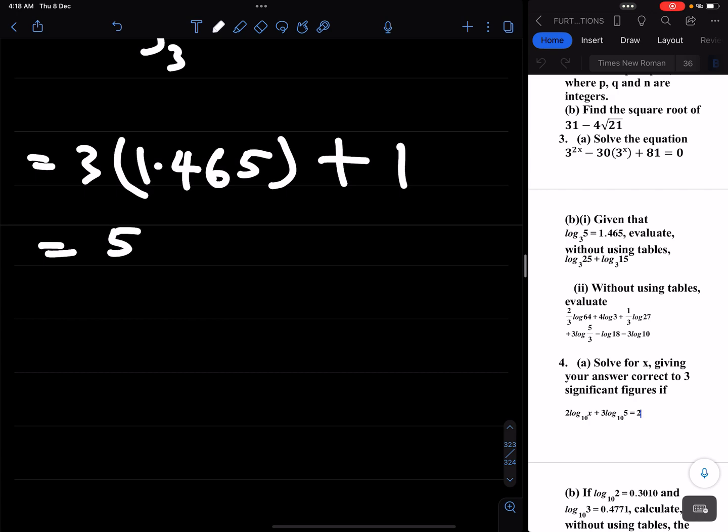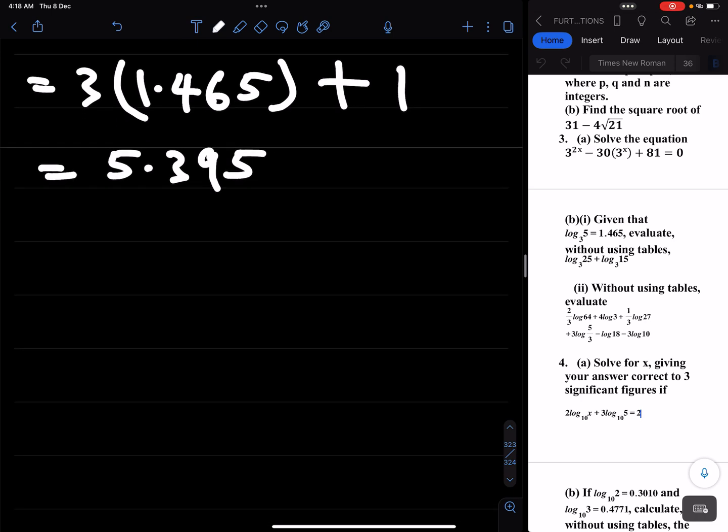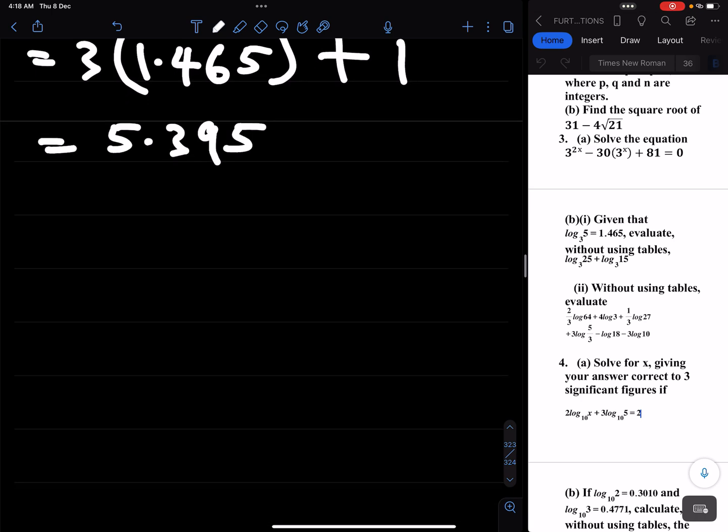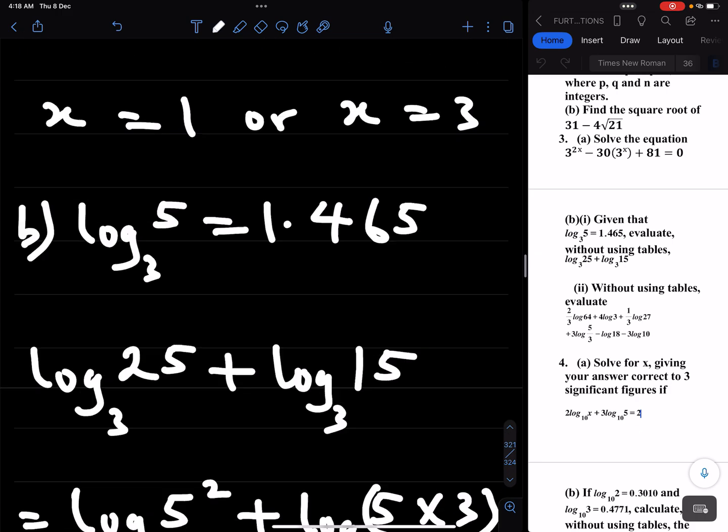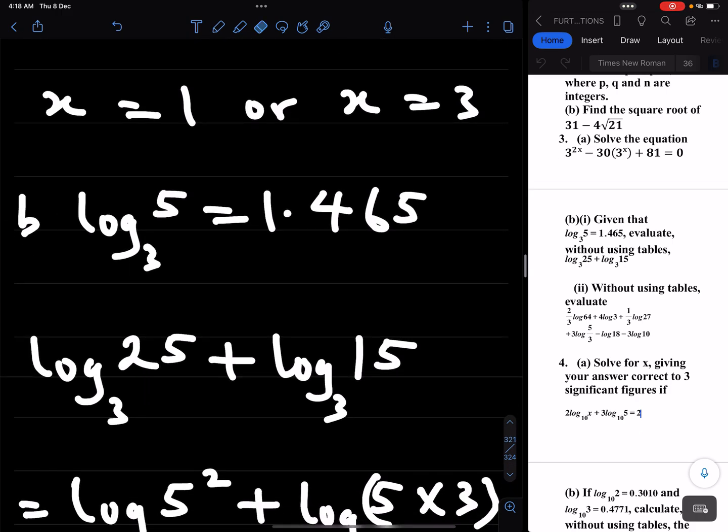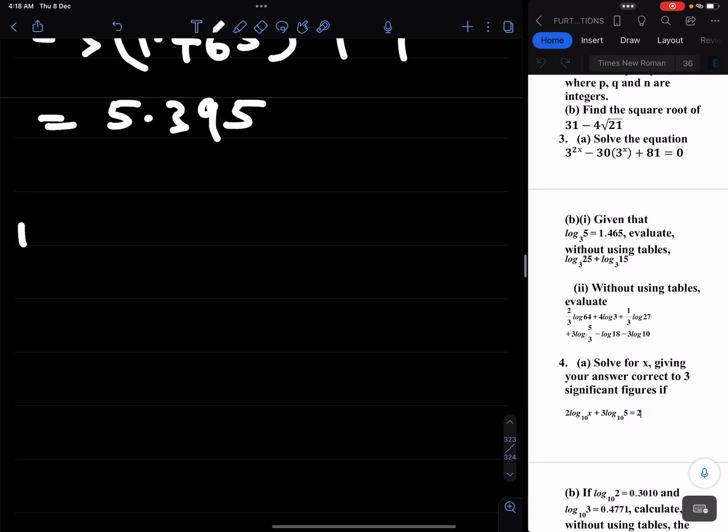Very, very simply. There's another method. If you do the right thing, you get the same answer. That was 3b Roman figure 1. Now to 3b Roman figure 2.